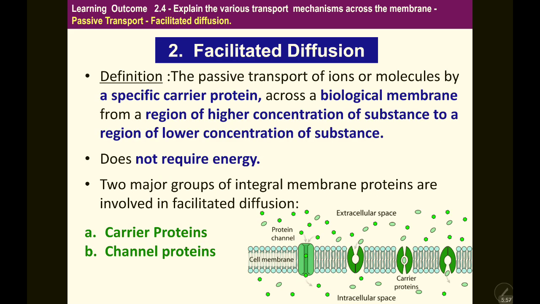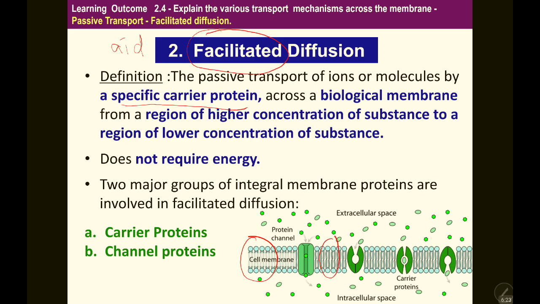The next one is facilitated diffusion. We call this facilitated, which means that it needs some help, some aid, with the "Fac" here referring to our carrier protein. Some of the molecules cannot go through the phospholipid bilayer. Why?